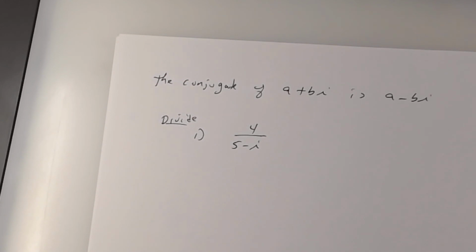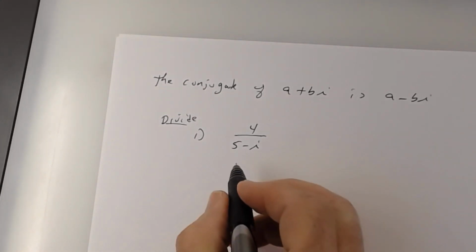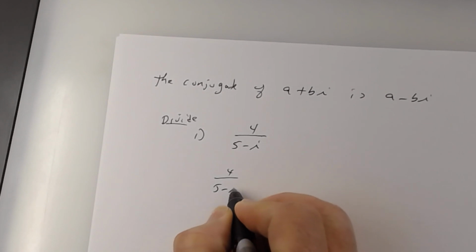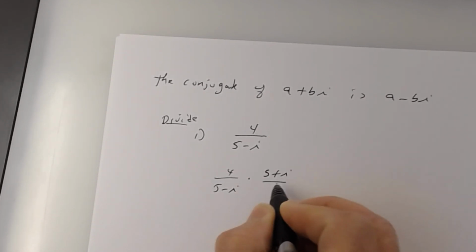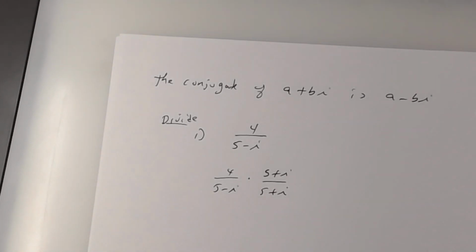Negative 1. Okay, so you don't want that square root in the denominator. So just like the previous problem, you're going to multiply numerator and denominator by the conjugate. What's the conjugate? 5 plus i, just like this. And so when you get that second worksheet, that's how you're going to do those problems.